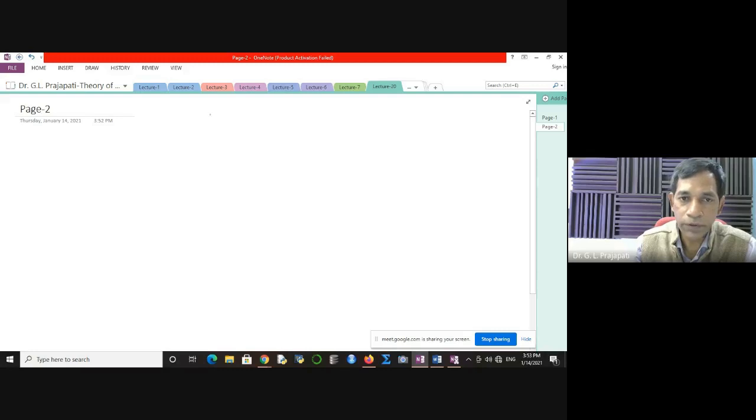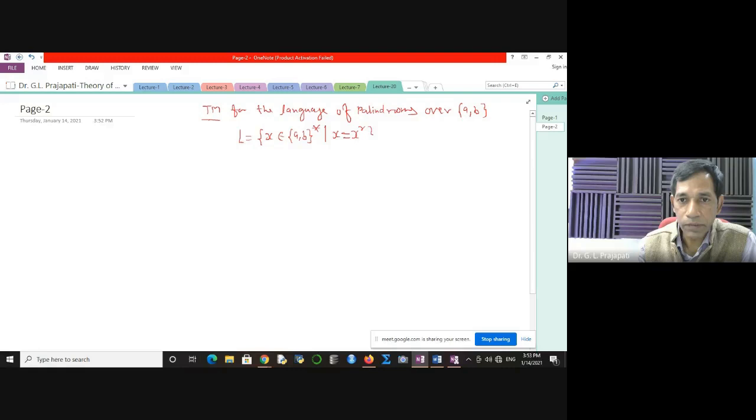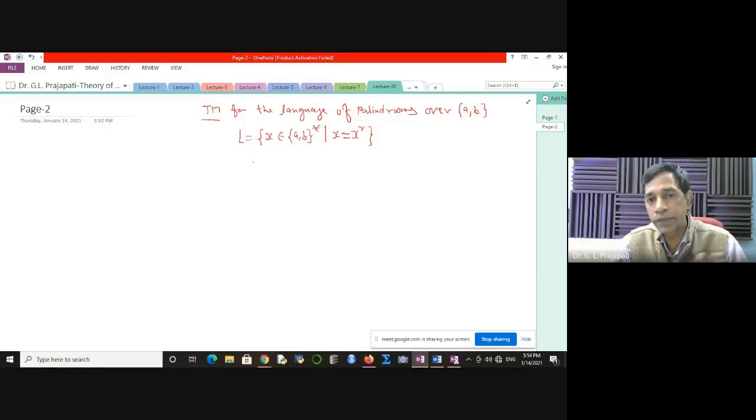We have the language of palindrome. So we need to construct the Turing machine over, say, the two symbols A and B. We have this language L, the set of strings X taken from {A, B} star such that X is equal to X reversed. Now in the case of the PDA, we have seen that in such situations a deterministic PDA is not possible, and you also cannot construct the FA for this language.